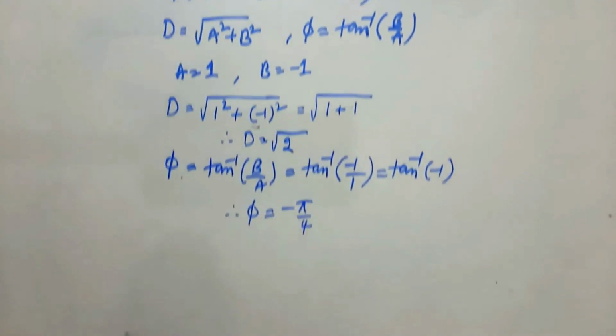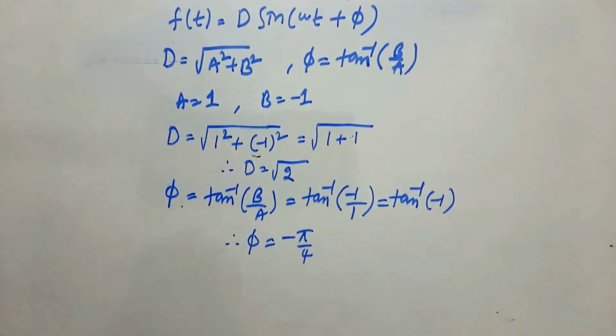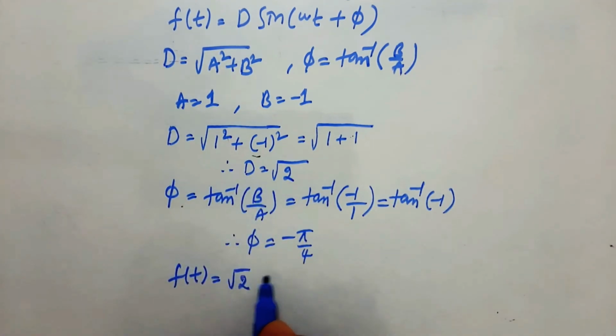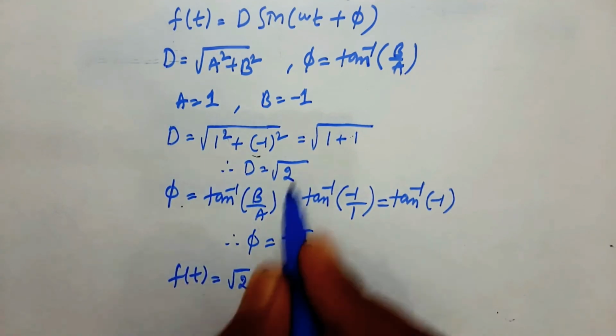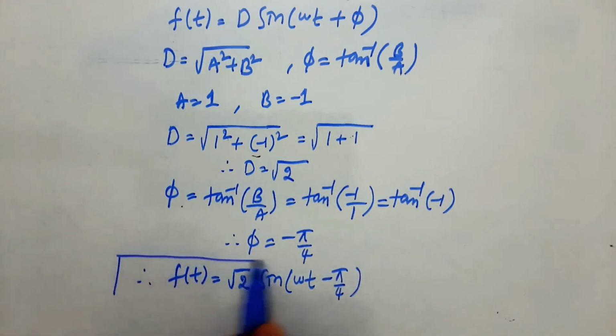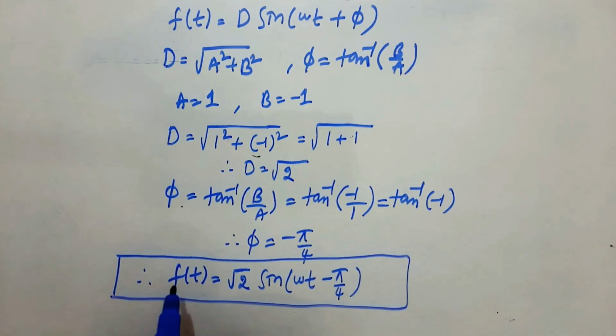So how can we write the function f of t? f of t is equal to root 2 into sin omega t minus pi by 4.